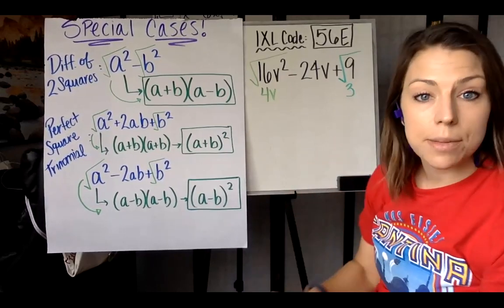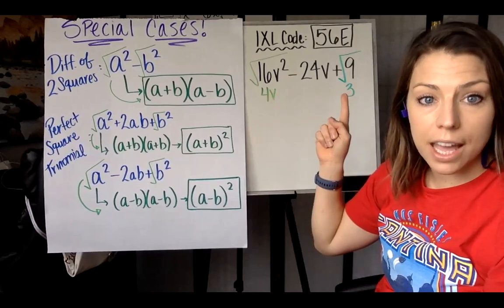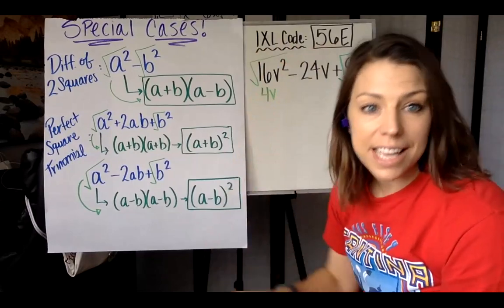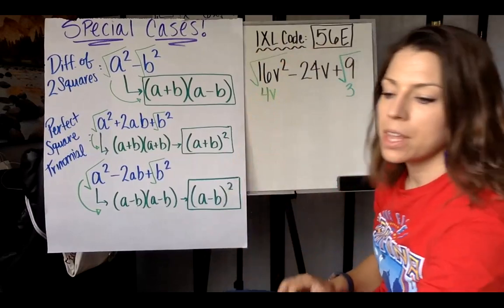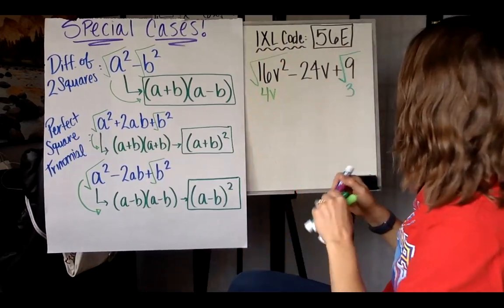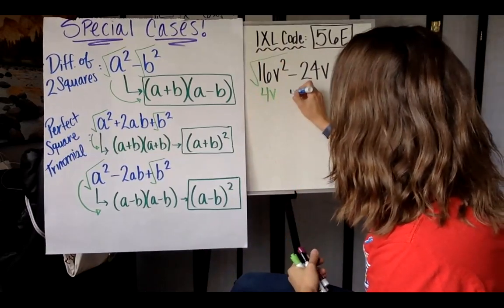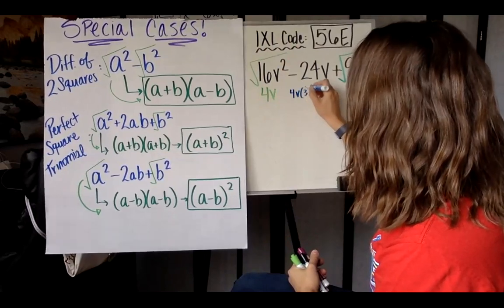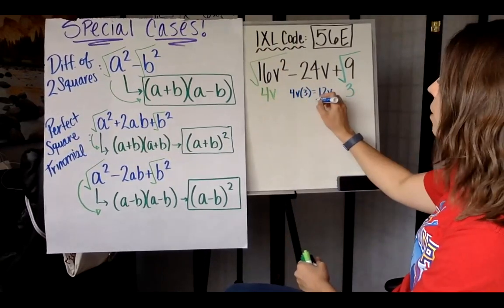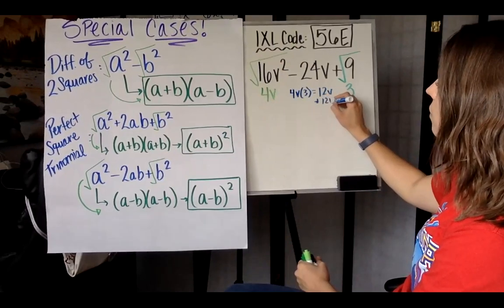So now to test the middle term, I multiply these together and double it. And if that gives me 24, then yay, this is a perfect square trinomial. So what is 4v times 3? Let's see. 4v times 3 is 12v, right? And what's 12v plus 12v?